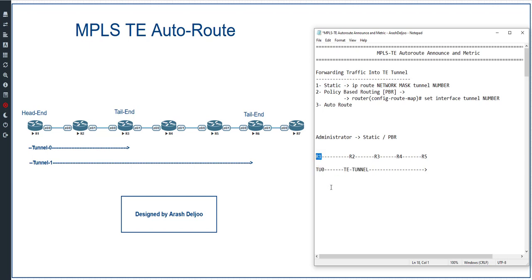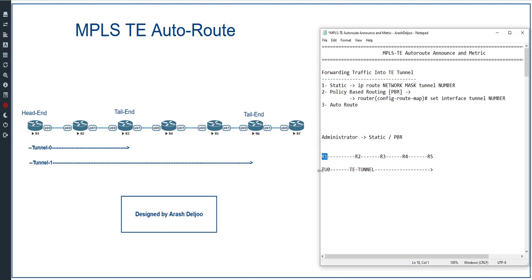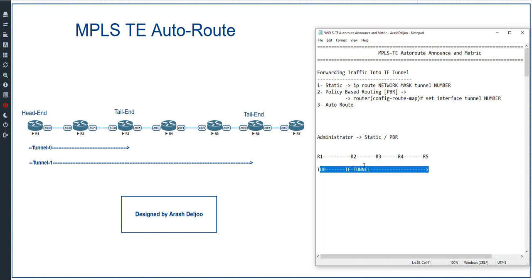It's so interesting. This means that we have a connected network in R1. But this connected network has some specific attributes. The first is that only R1 can see this tunnel 0. This means that R2, R3, R4, or R5 cannot use this tunnel 0. You know that the TE tunnel is a specific tunnel. Why?